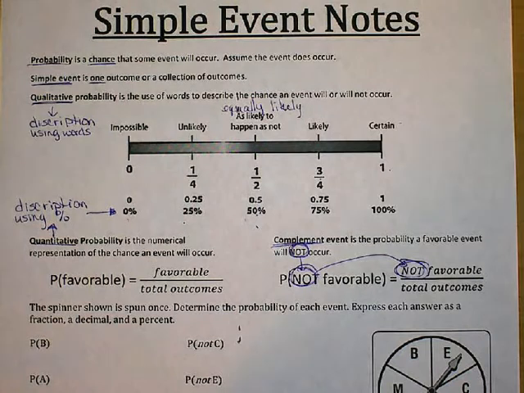So when they give it to you, you have to make sure that you're paying attention. We want the probability that everything but that item will occur. Do you have any questions about qualitative, quantitative, or the 2 types of quantitative probabilities?